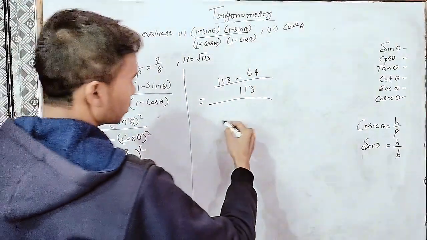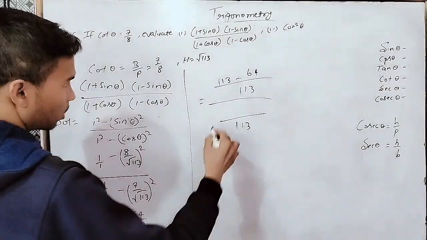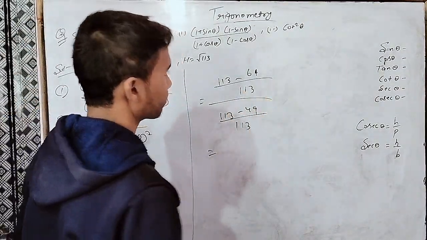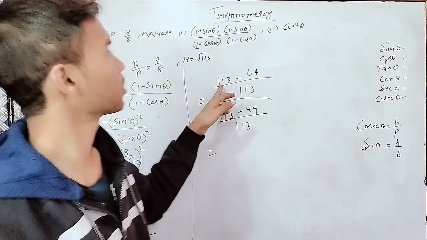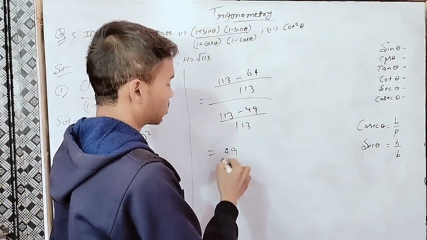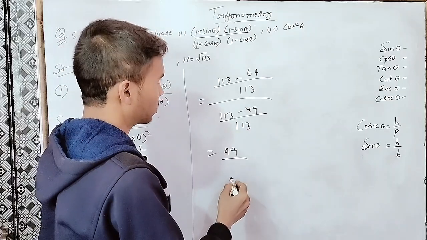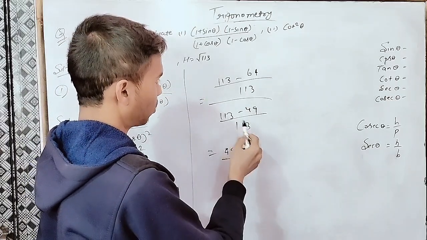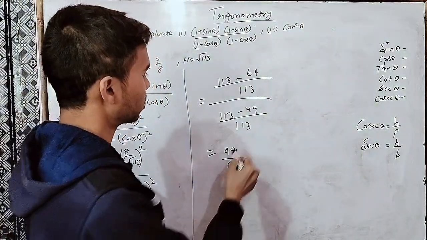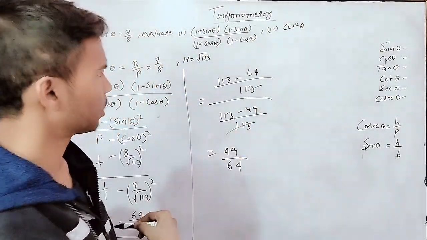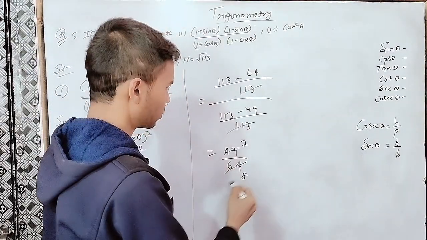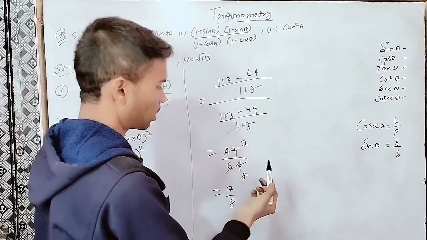Then similarly here, 113 will get cancelled. 7 7 is 49, 8 8 is 64. 7 by 8.